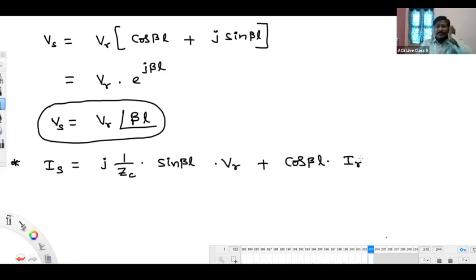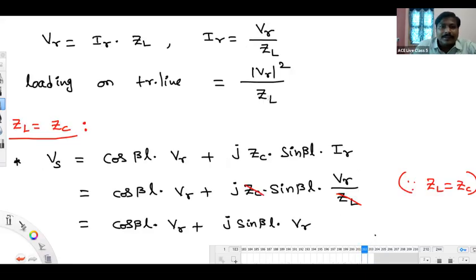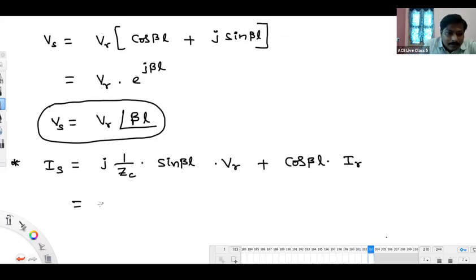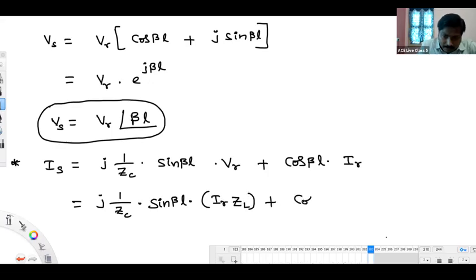Here VR is nothing but IR into ZL. So in place of VR, I am keeping IR into ZL, plus cos beta L into IR.